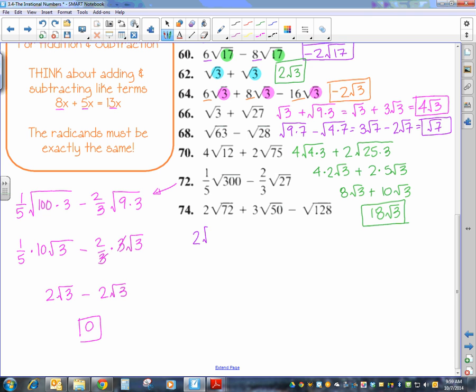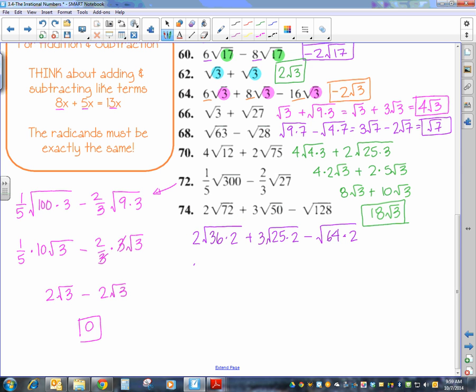Again, I'm looking for, now think about a number that goes into both or find the one that's easiest to break up. But 72 is 36 times 2. 50 is 25 times 2. 128, I'm going to divide that by 2 because I don't know what goes in there immediately, but it's 64 times 2 because I had a 2 left over with a perfect square.